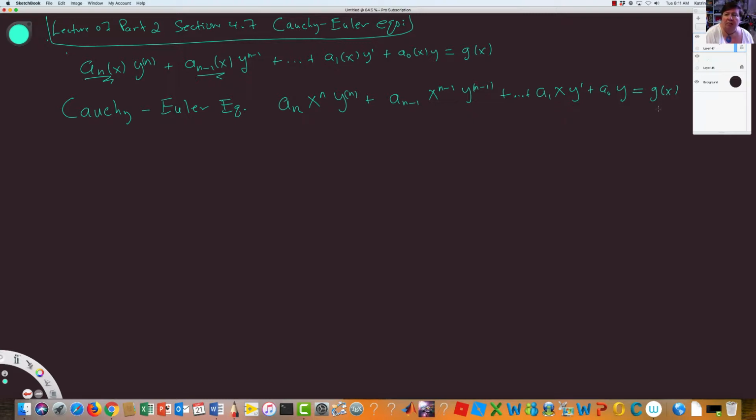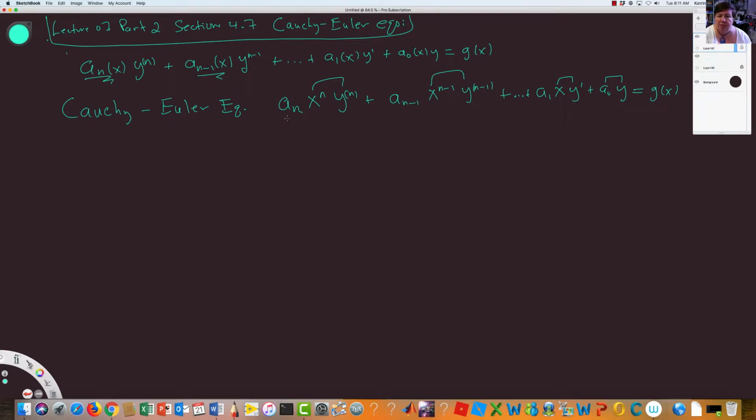Notice that the power of x here has to match the order of the derivative that it's multiplying. Otherwise it's not a Cauchy-Euler equation, and you will not be able to solve for the complementary solution in the manner that we're going to show you in a second.